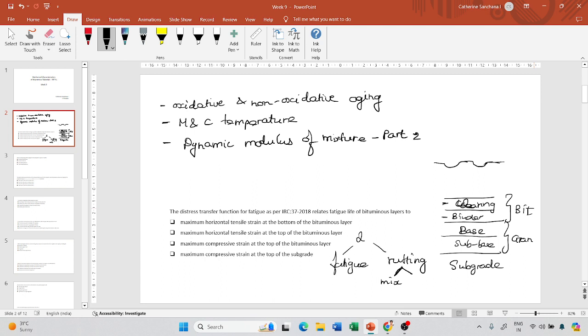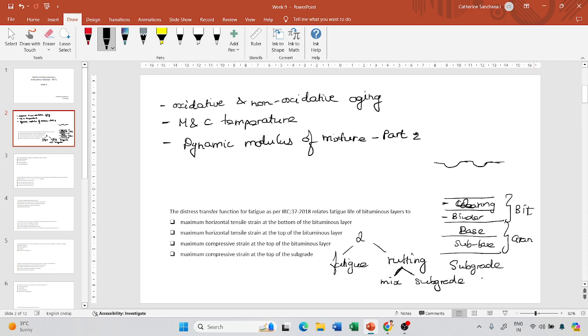That is why you consider the binder to have a few properties such as G star by sine delta value to take care of rutting. And there is one more rutting, which is contributed by the subgrade. So if your subgrade is not compacted properly, I said that the subgrade has to have a certain CBR value, right?